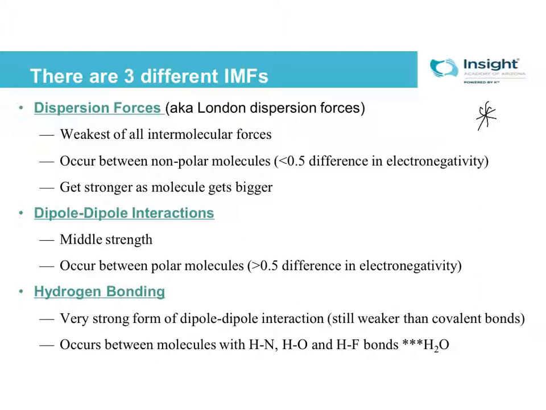If you think back to the last slide, this is going to be like that nitrogen trichloride, where they had the same electronegativity. They could experience dispersion forces. Or hydrogen gas molecules, nitrogen gas molecules, oxygen gas molecules. They can experience dispersion forces.